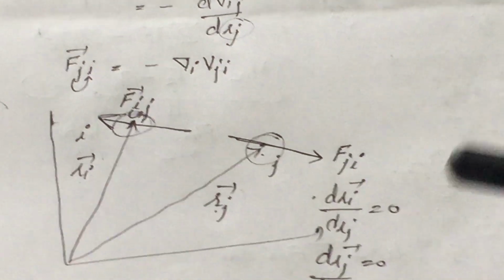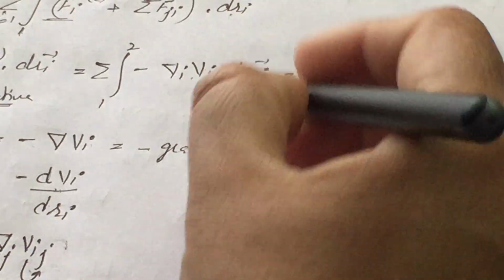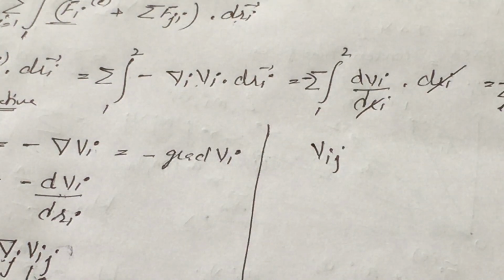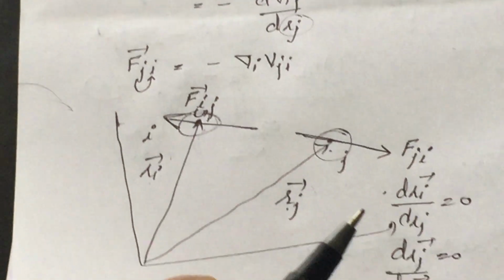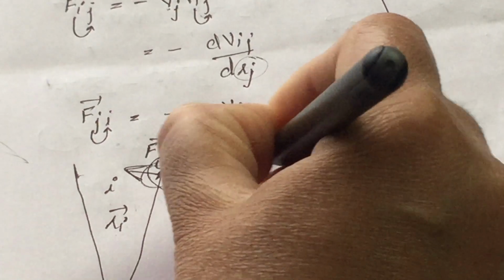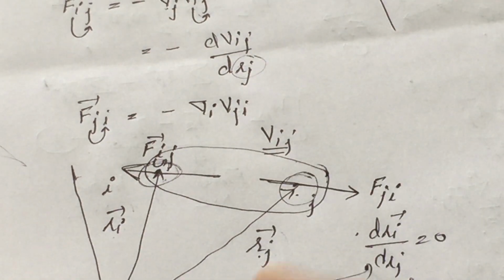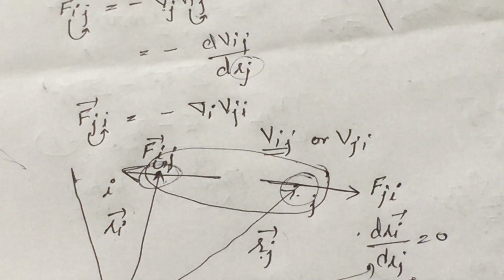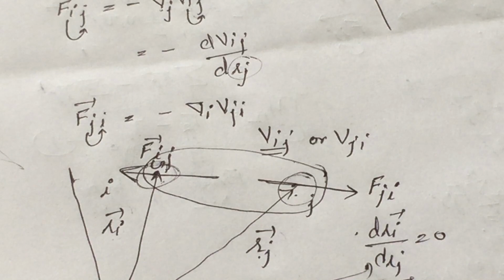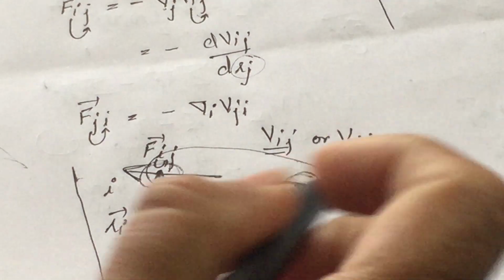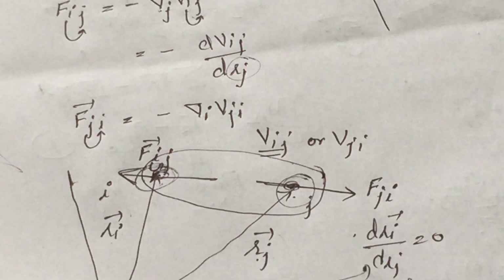Now, moving towards our mathematical part, what is Vij representing? Vij is representing the potential energy in between these two particles. The potential energy between these two particles is represented by Vij, or it can be represented by Vji, because potential energy is a scalar quantity, it does not indicate direction, and potential energy depends upon the position of these two particles.